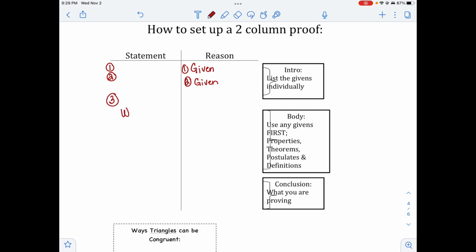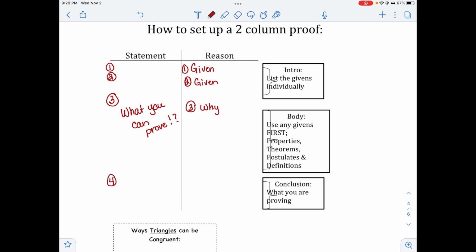And this is what you can prove. And you can't just prove it by just saying, oh yeah, because I think so. You have to use these properties, theorems, postulates, or definitions. And the reason is the why. So those would be a such and such theorem, a such and such definition, whatever it may be. And then the conclusion is what you're trying to prove, what the problem is asking you to prove.